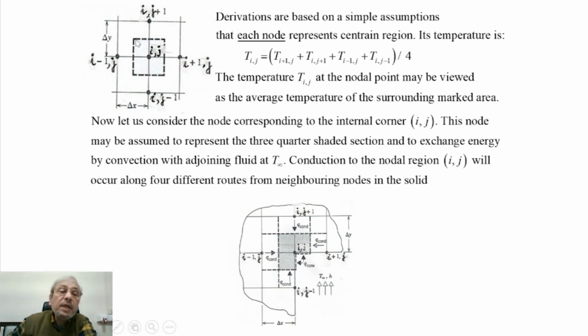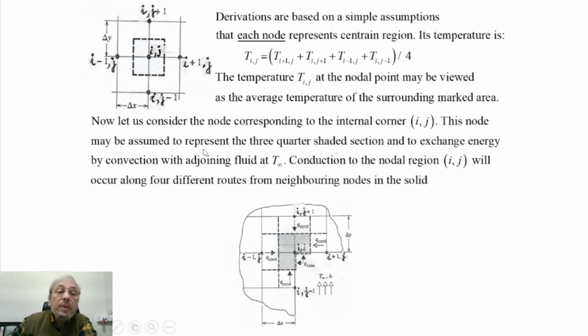Each marked quadrant covers 1/4 of the neighboring cells, so 1/4, 1/4, 1/4, 1/4, like this is the full cell volume having Tij as the average temperature of the surrounding marked area. Now let us first consider an internal corner.